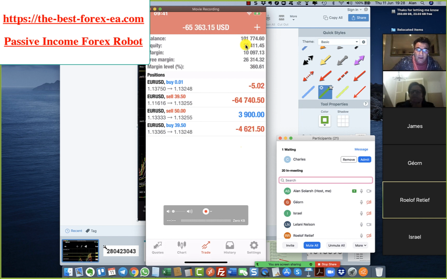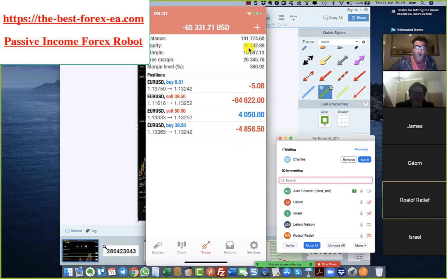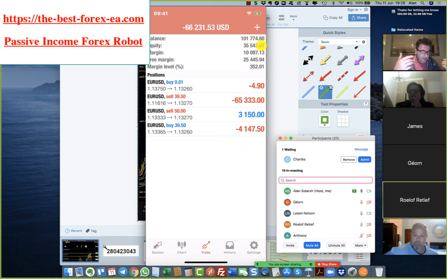So that's my available equity. I've got $365. If this is a cent account, if it's a micro, then I've got $36,000. Switch on your bot according to your equity. So go to the calculator, switch it on so that you can start trading, and then follow my manual trading sessions so that you can start making a profit manually.